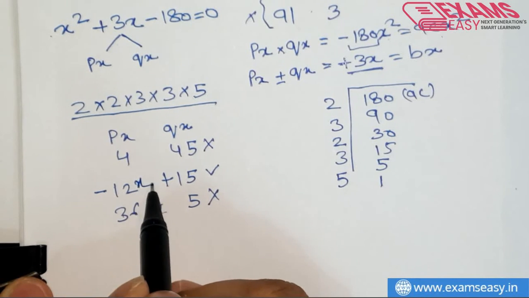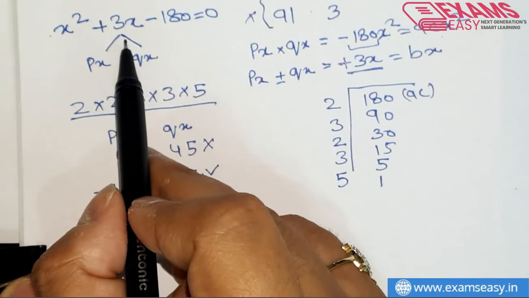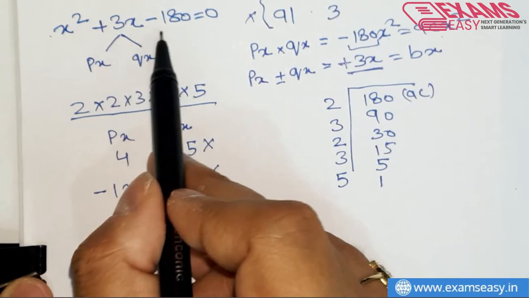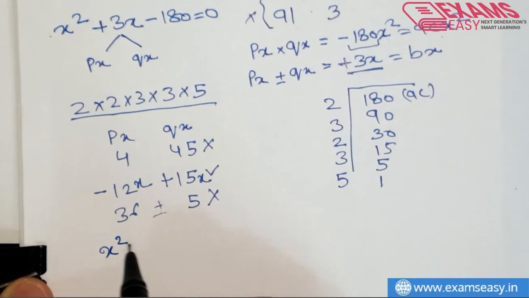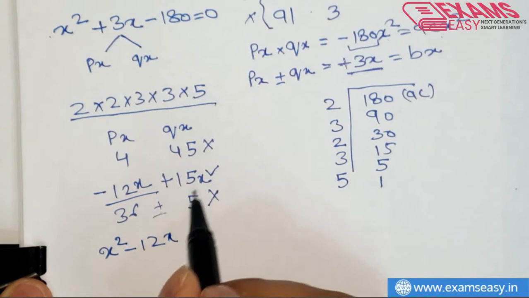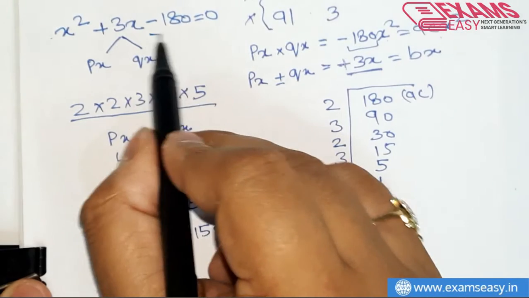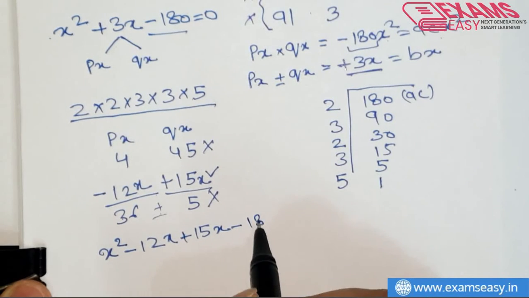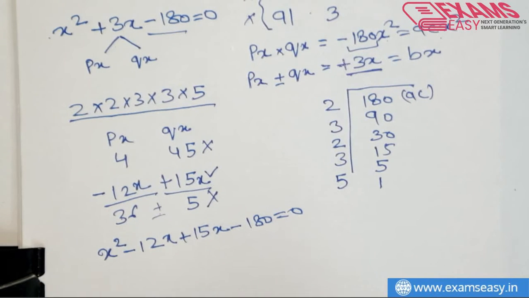So 12x and 15x will give us the desired factors for this quadratic equation, and we can split the middle term as x square minus 12x plus 15x minus 180 is equal to 0. So this way we can find the factors for the quadratic equation.